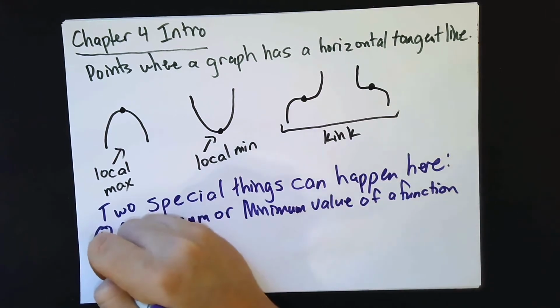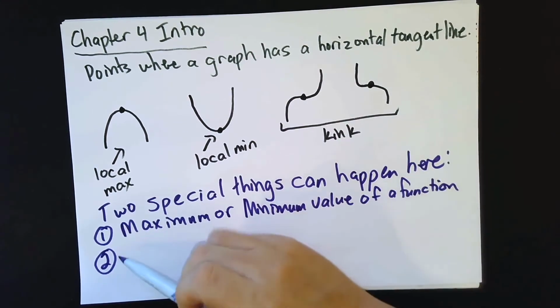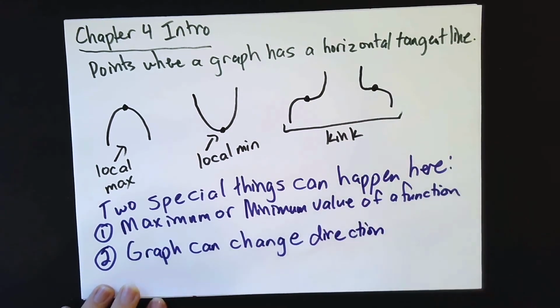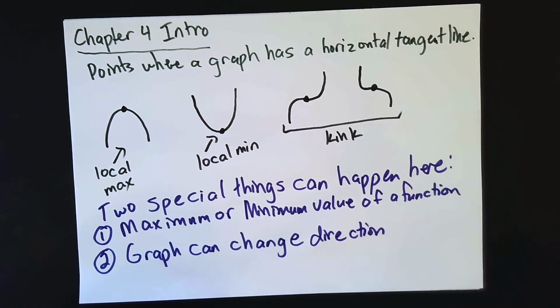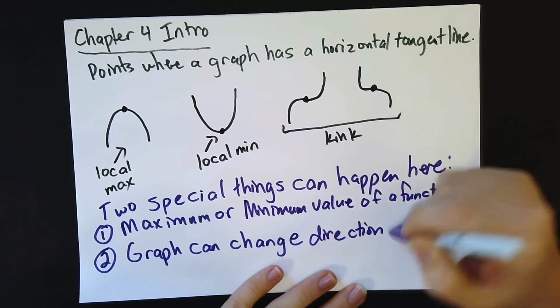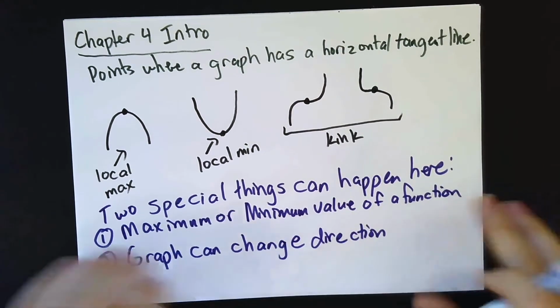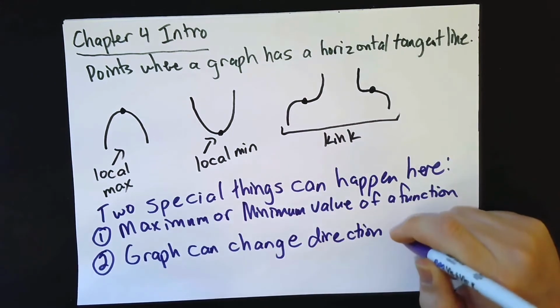The second thing that can happen at one of these points is that the graph can change direction. That is, it can change from increasing to decreasing, or from decreasing to increasing. This second observation is going to allow us to determine, just from an equation for a function, where the function's increasing and where it's decreasing. And that's the second thing we're going to do in this chapter.